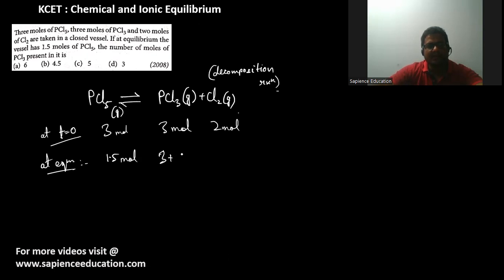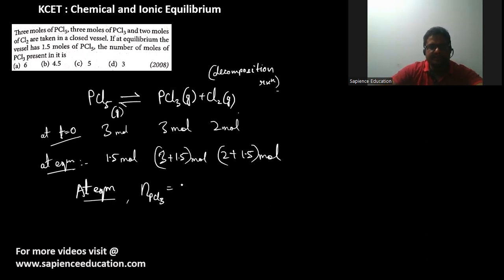So at equilibrium I will have 3 plus 1.5 moles of PCl3 and also 2 plus 1.5 moles of Cl2. Why? Since 1 mole of PCl5 will give 1 mole of PCl3 and 1 mole of Cl2. So 1.5 moles of PCl5 has decomposed, so I will get 1.5 moles of PCl3 and 1.5 moles of Cl2. So at equilibrium, the number of moles of PCl3 present is 4.5 moles. So option B is the correct answer.